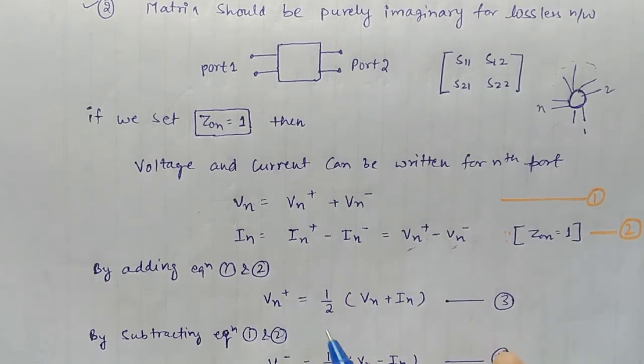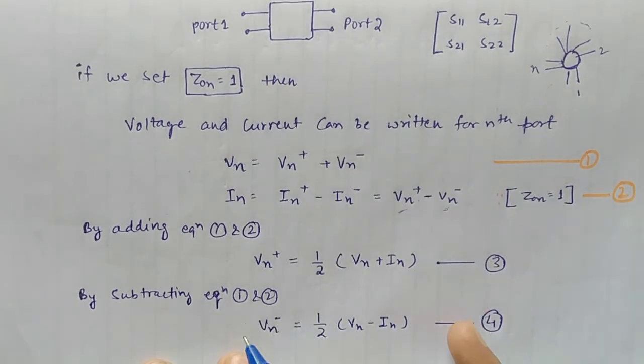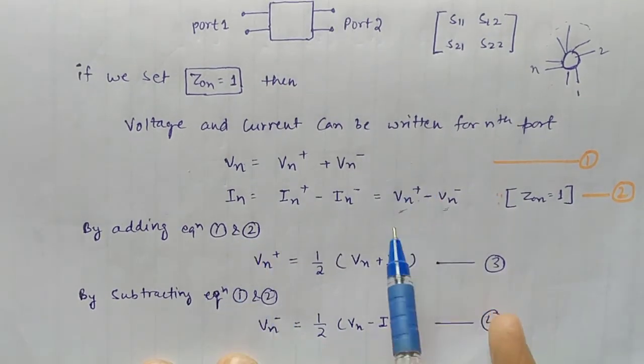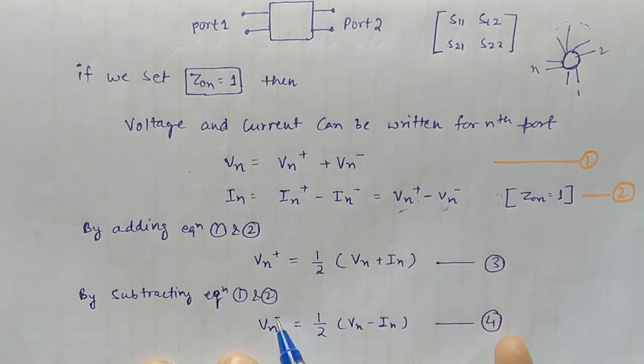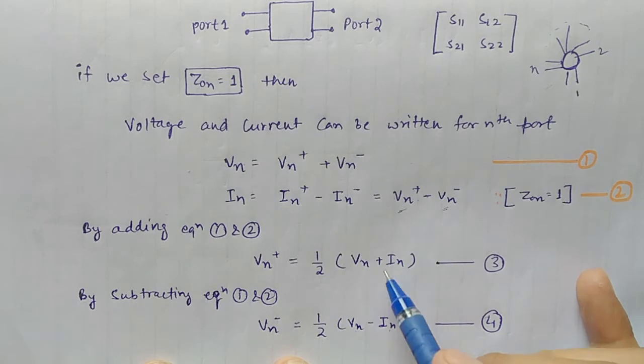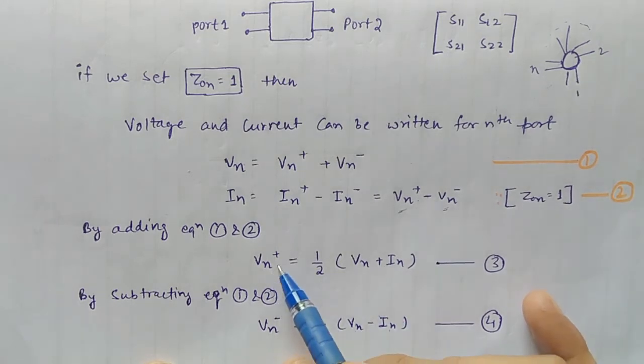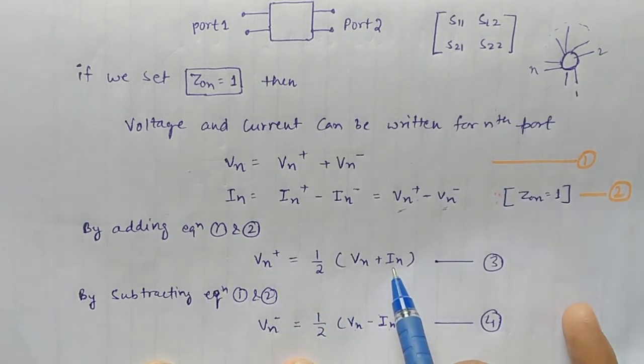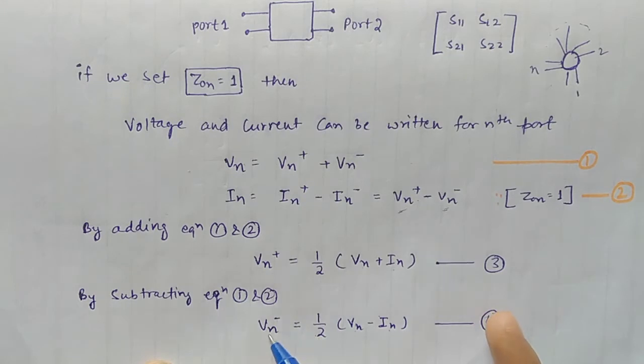This is the expression for the incident voltage at the nth port. By subtracting equation 2 from equation 1, we get the reflected voltage Vn minus equals 1 by 2 (Vn minus In). So we got two equations: one gives the incident voltage in terms of the voltage and current at the nth port, and the other gives the reflected voltage in terms of the nth port voltage and current. These are equations 3 and 4.